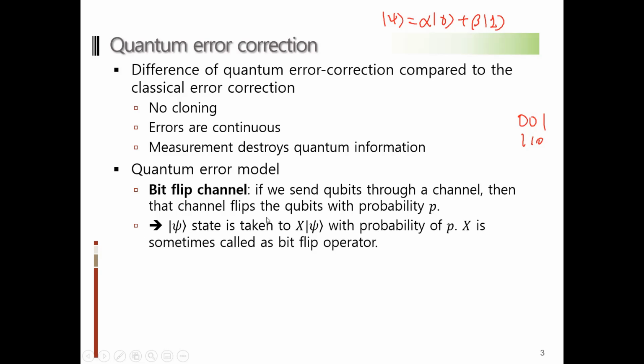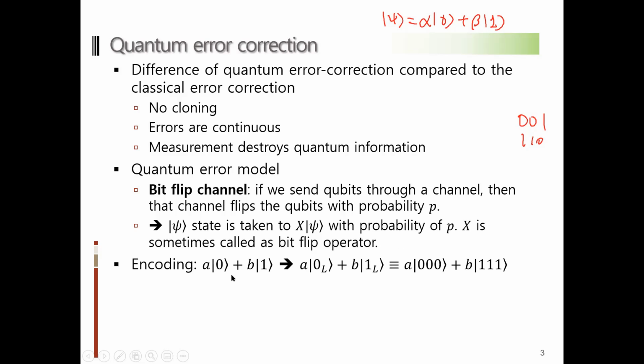Still, we want to use a 3-bit encoding, something like before. If we remember what we did for the 3-bit encoding in classical communication, we turned 0 into 000 and 1 into 111. Similarly, if I'm given a quantum state, I might want to create a superposition state.